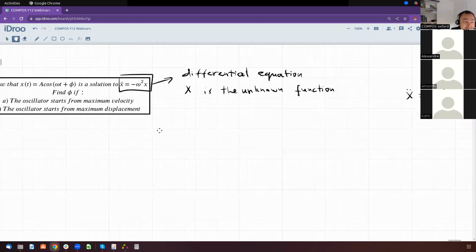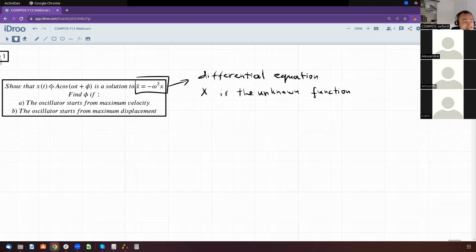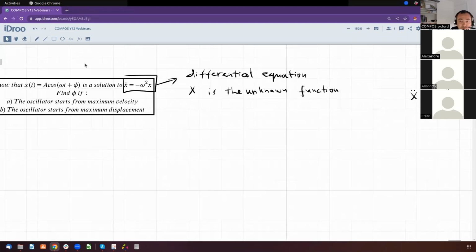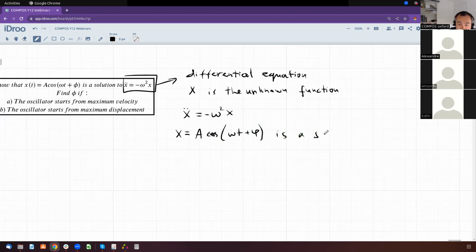So it turns out that one of the solutions is this: x(t) equals a cos(omega t plus phi) is a solution.